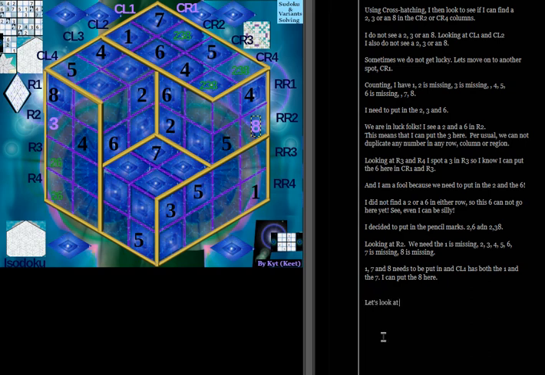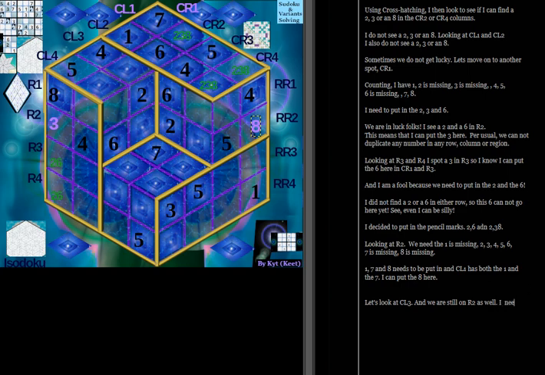Now let's look at CL3. Okay, looking at CL3, and we are still on row 2 as well.